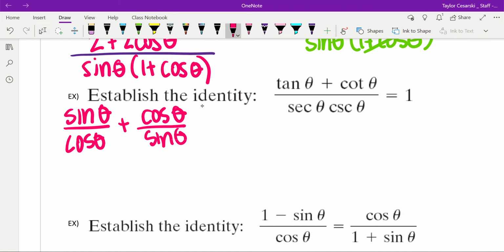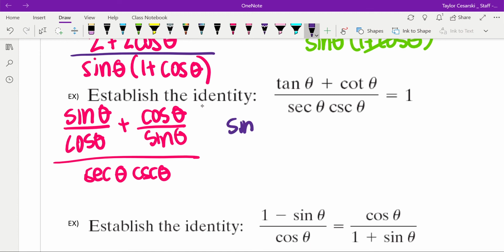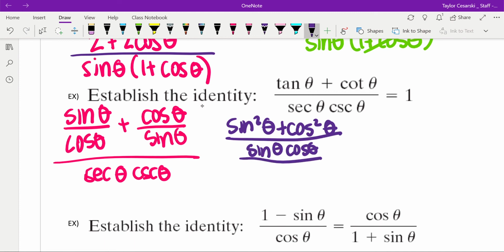All right. So up top, and I'm just going to copy the bottom for right now, secant of theta, cosecant of theta. I need a common denominator, so the left side has to be multiplied by sine, and the right side by cosine. So there I get sine squared of theta plus cosine squared of theta over sine of theta, cosine of theta, over secant of theta, cosecant of theta.